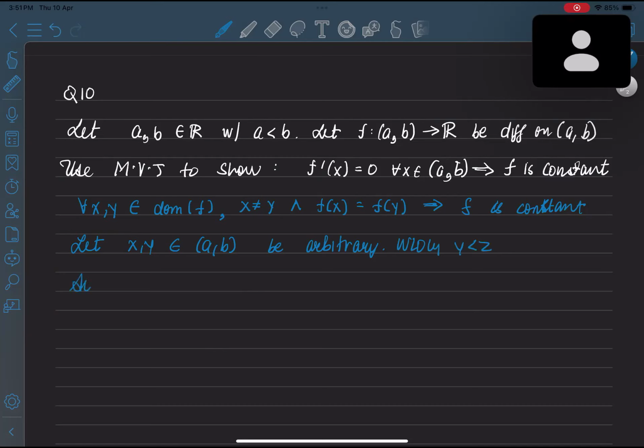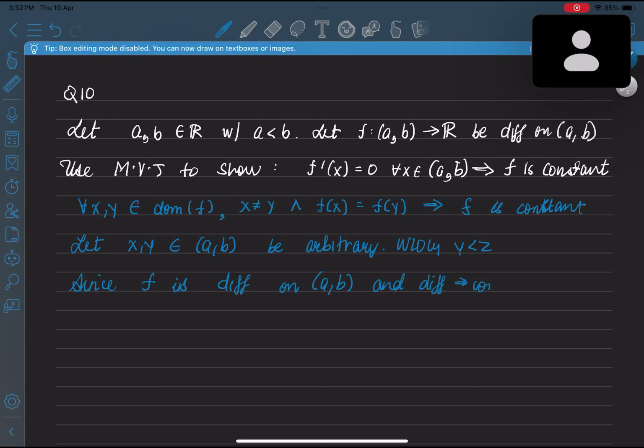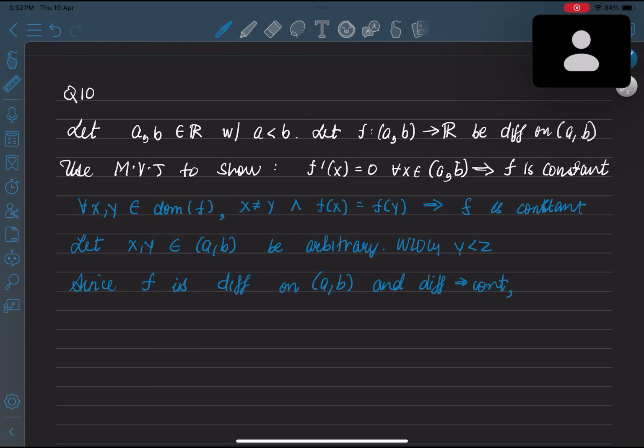Since f is differentiable on (a, b), and differentiability obviously implies continuity, you can say f is continuous on any subset of (a, b).